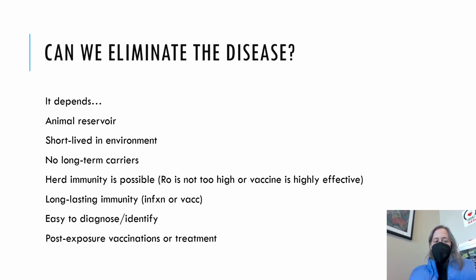The next category is long-lasting immunity, whether from natural infection or vaccination. Does the immunity that you get last a really long time? For example, with measles, yes, absolutely. We've practically eliminated measles from the United States because the vaccine-induced immunity lasts pretty much your whole life. It's amazing, actually.